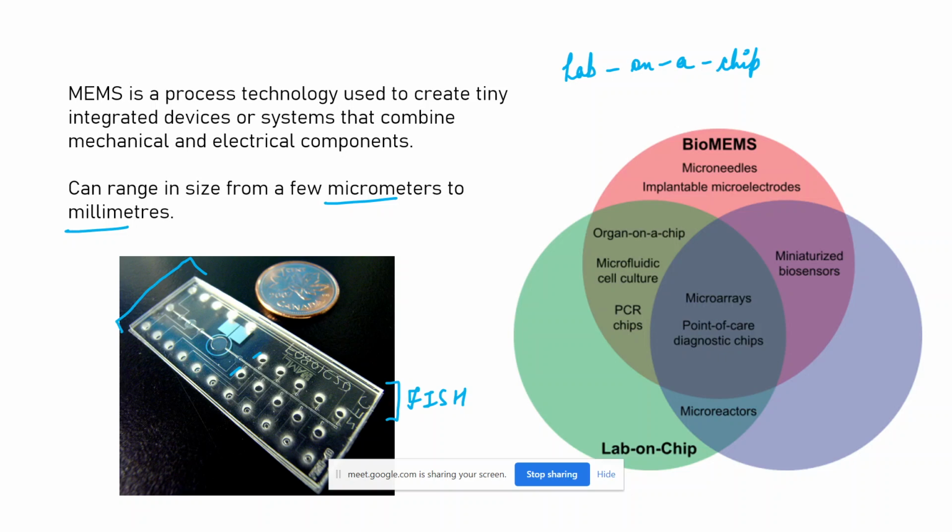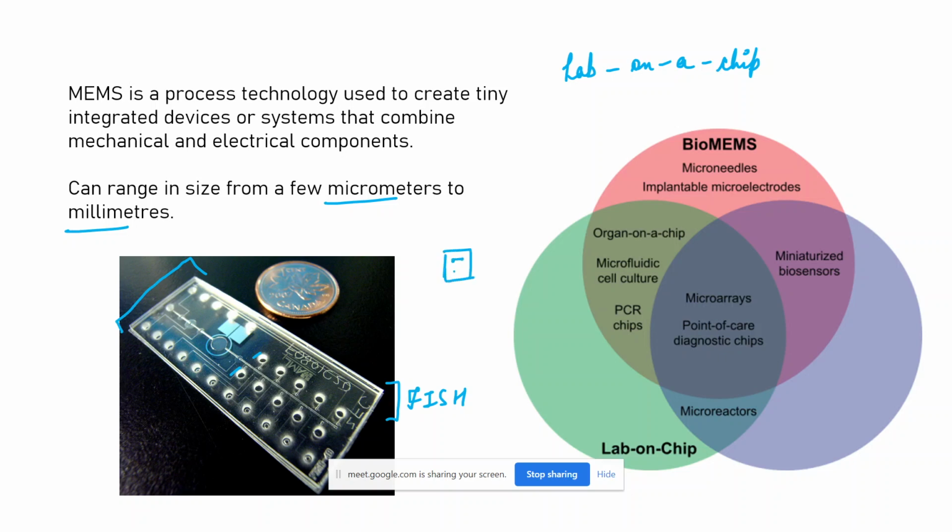BioMEMs can range in different domains. We can have an organ on a chip, a microfluidic cell culture. Microfluidic cell culture is where there is something very small, and then you have micro channels which can pass on your microfluids. And then we can have PCR chips where PCR can be done in something as small as a chip.